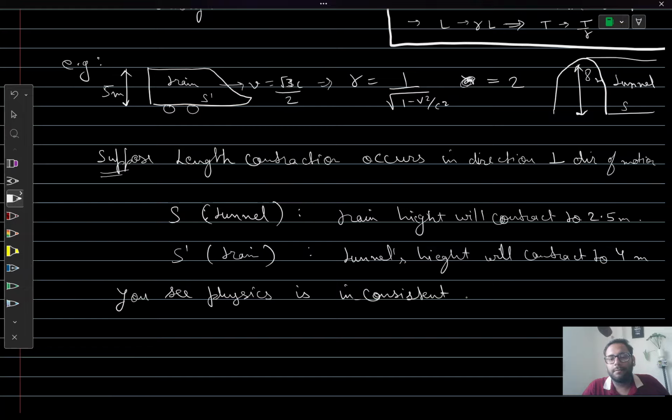Okay, why is physics inconsistent? What is the inconsistency here?